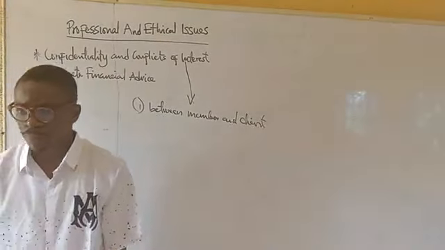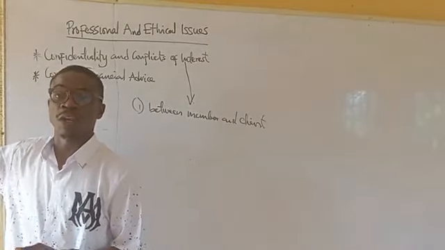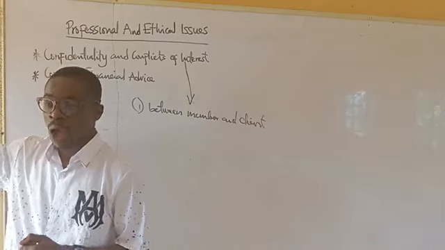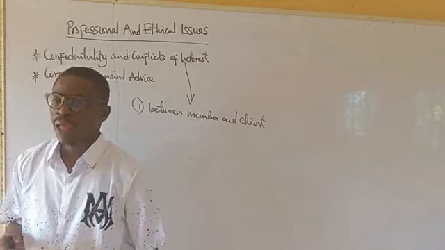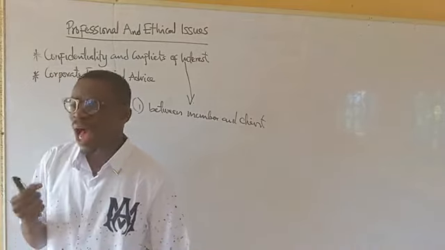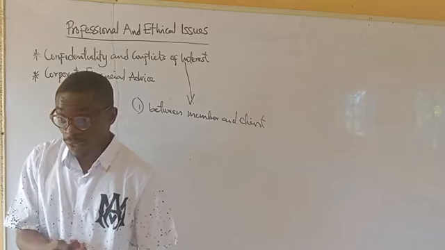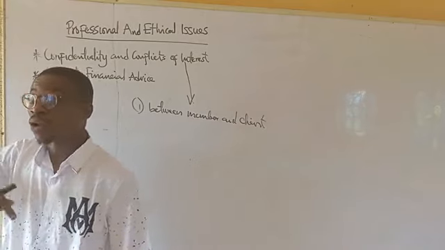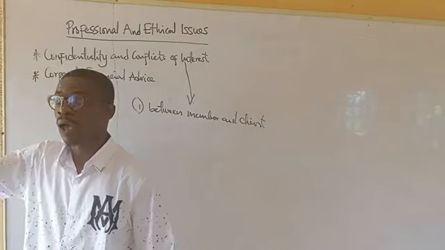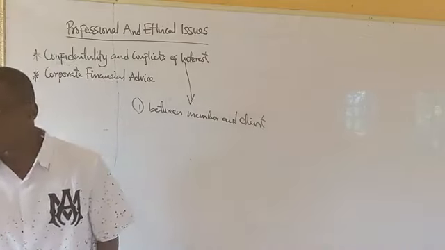Let's say the member of an audit, that means the member of an audit team. Are we together? The member of an audit team now has a business. Are we together? He has a business, and that business is a competitor to the client.